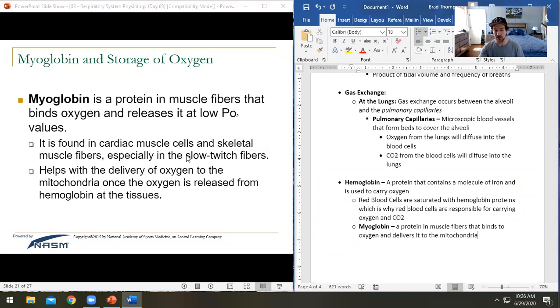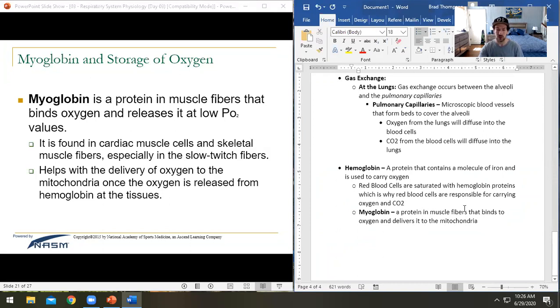It's found in cardiac muscle cells and skeletal muscle fiber cells, and it is especially found in type 1 or slow twitch fibers. Slow twitch muscle fibers, which we haven't really talked too much about yet, have higher levels of myoglobin, which makes them better at utilizing oxygen.